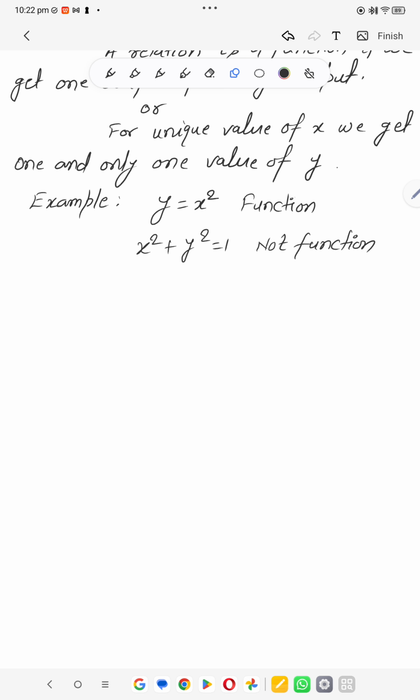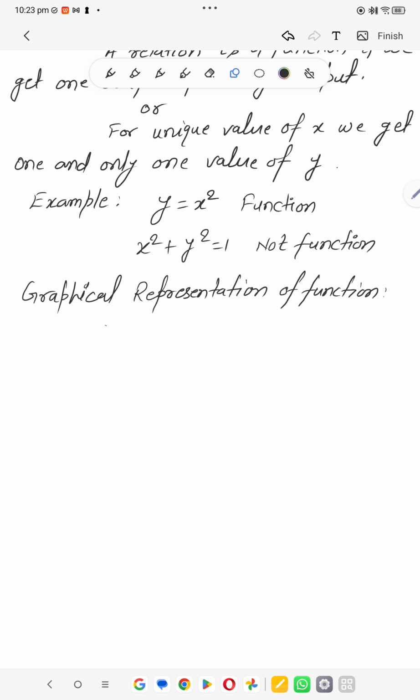You can see this concept with the help of a graph also. Here is the graphical representation of a function, like there is x-axis and y-axis, and there is a function.